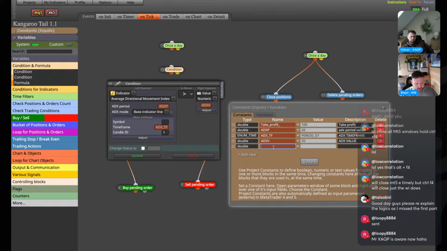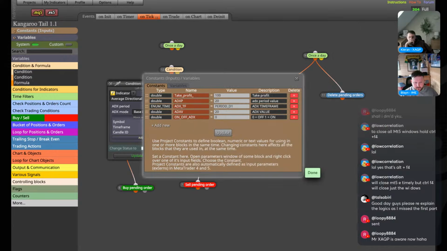Do we need to do a bool here? I don't think we do, but we'll just do it this way anyway, because it works either way. You can put it as a bool or as a double. We'll put on, off ADX. Let's put 0, where 0 equals off, 1 equals on.